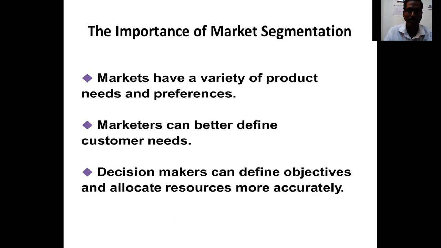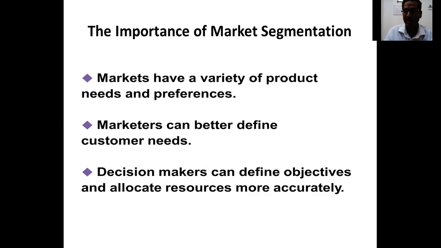Markets have a variety of product needs and preferences. If you segment the market on the basis of gender, for most consumer goods and other products or services, the preferences in taste, color, and design may vary from male to female.